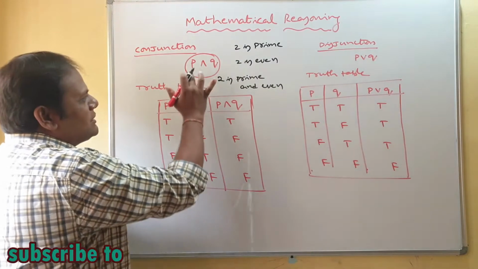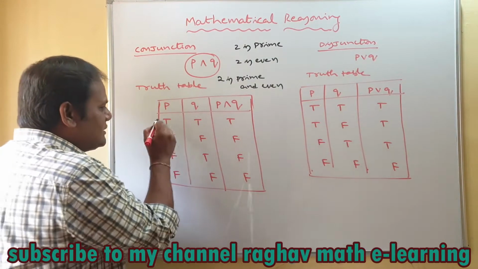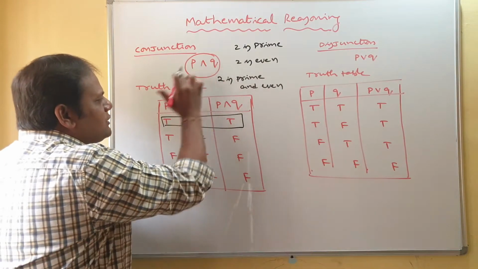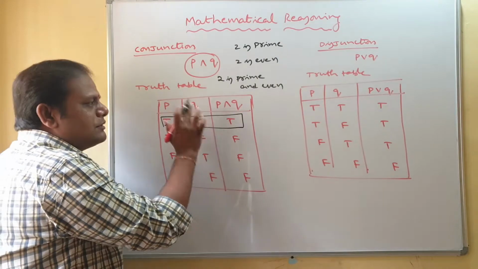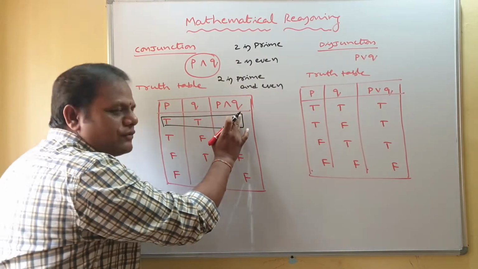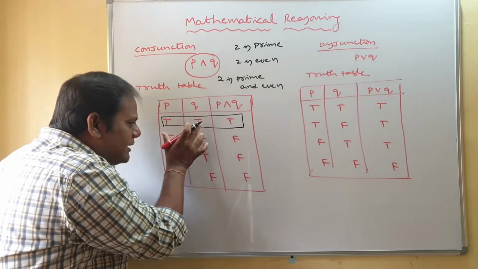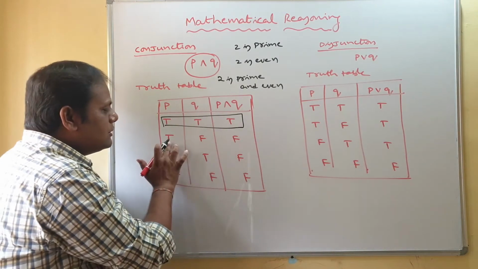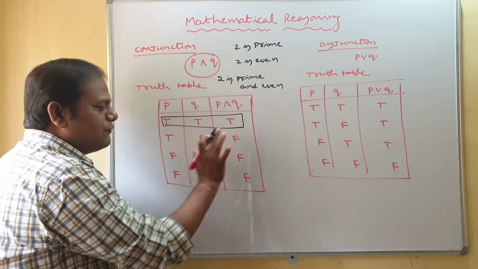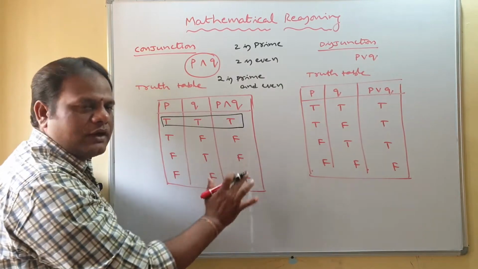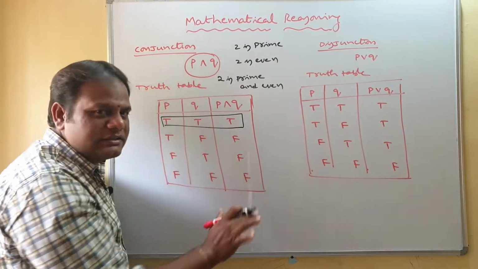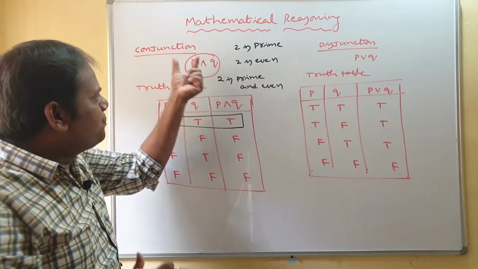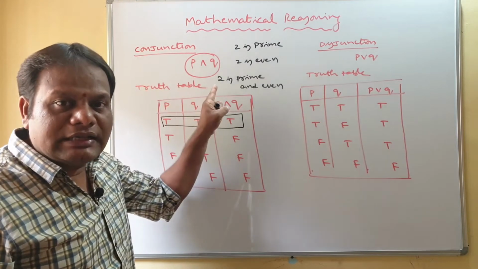For conjunction, remember this line: if both P and Q are true, then P and Q is true. In the remaining cases, it is false. So T and F is false, F and T is false, F and F is false. Only if both are true, then that is true.